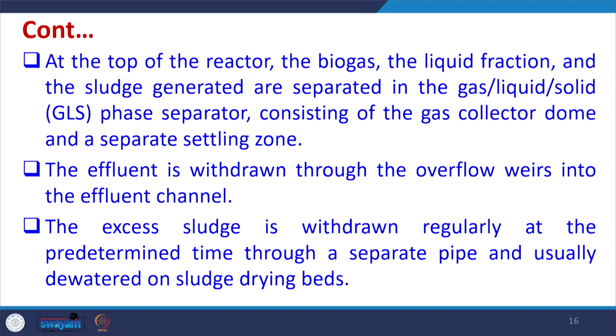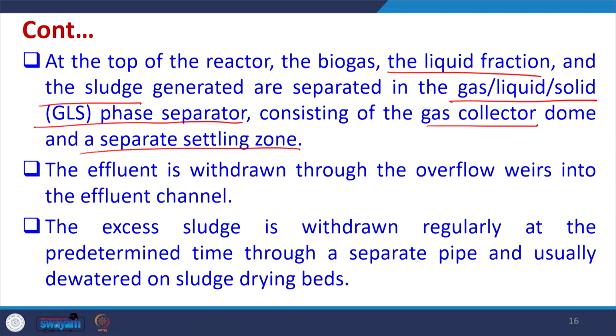At the top of the reactor, the biogas, the liquid fraction and the sludge generated are separated in a gas-liquid-solid phase separator consisting of a gas collector dome and a separate settling zone. So, we have a gas-liquid-solid separation unit, which is a gas collector along with some area adjacent to the gas collector that works as a separate settling zone.